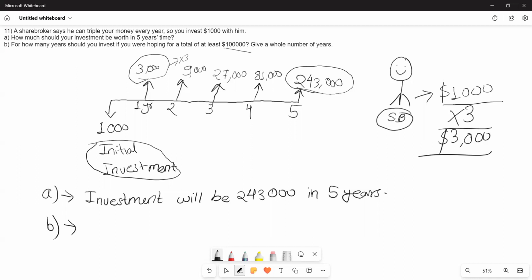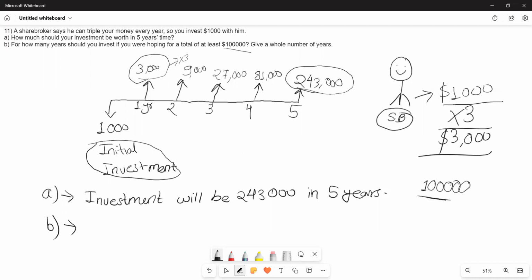But at the end of the 5 years, how much we are earning? 243. So look at here. 1, 2, 3, 4. How much? Let me count. 1, 2, 3, 4, 5. Okay. So 1, 2, 3, 4, 5.